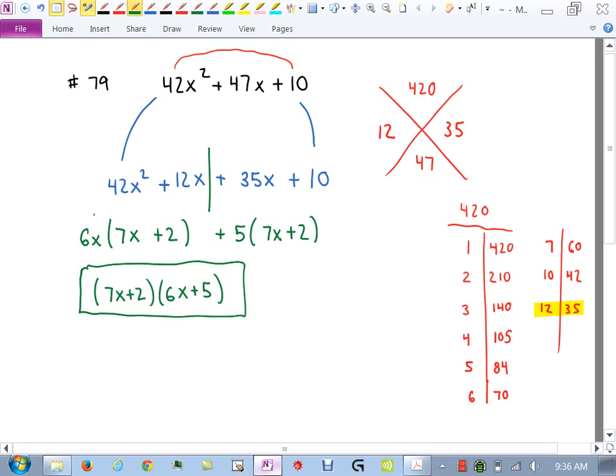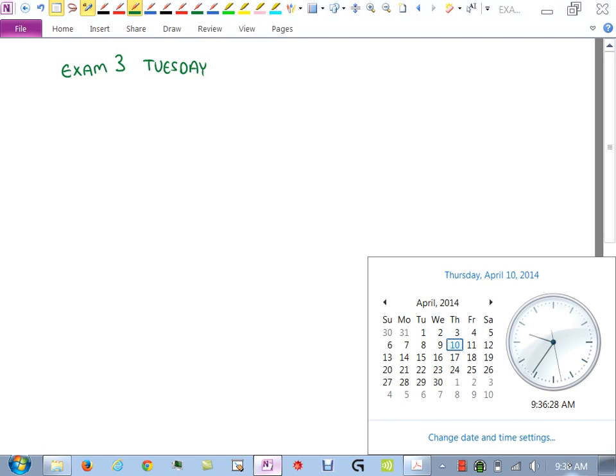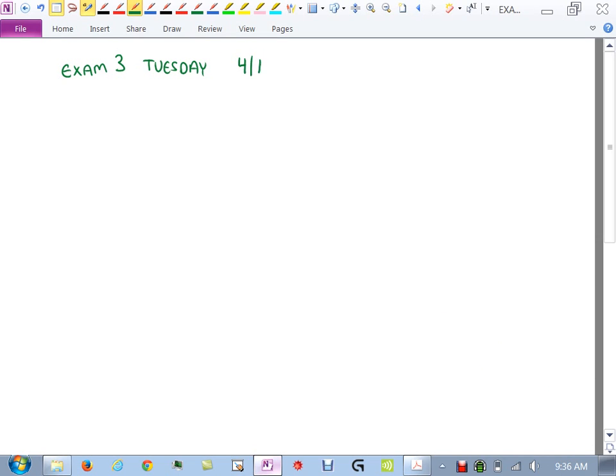Okay, we have an exam on Tuesday. All right, we have our third exam, so exam 3 will be on Tuesday, the 15th. Okay, the things that you can bring: the formula sheet that I handed to you in class, right?